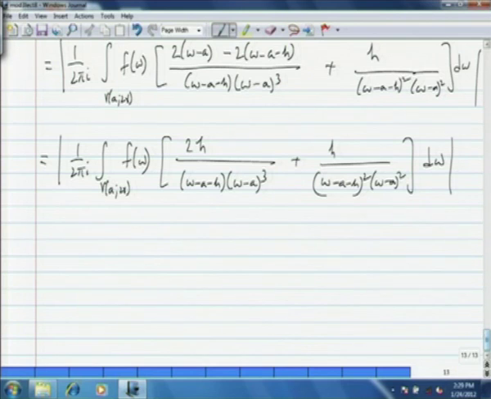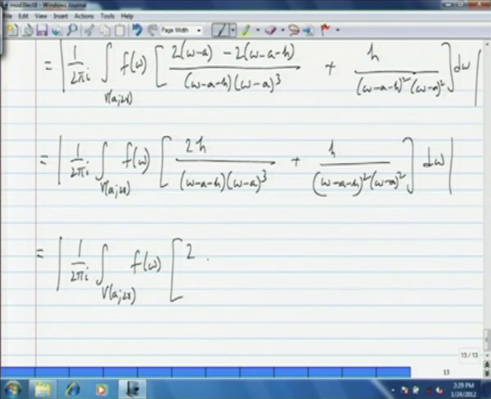So, this is in turn equal to the modulus of 1 by 2 pi i integral over gamma a to r f of w. I am carrying out the simplification in 2 steps. So, that was the first simplification and this is the second simplification.